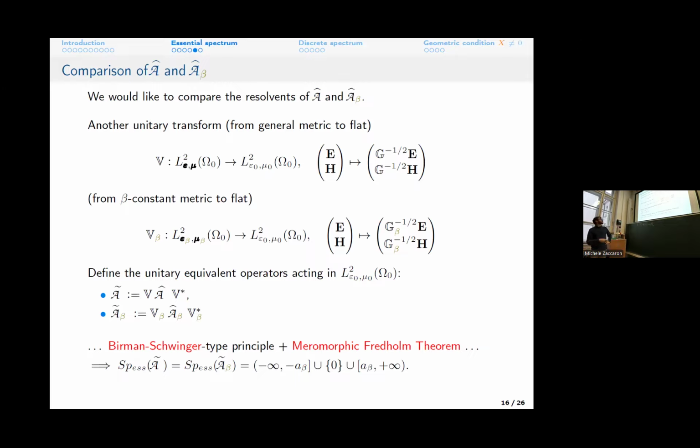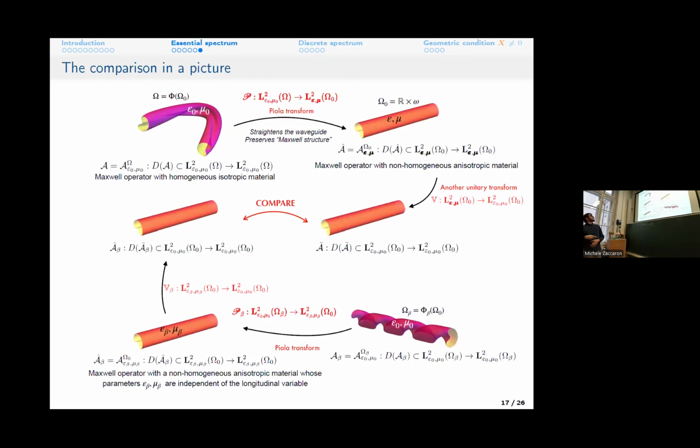I don't have time. So the idea is that we do some Birman-Schwinger type of principle, along with the use of the analytic Fredholm theorem, actually we need a bit more, the meromorphic Fredholm theorem. We can prove this type of result, so that the essential spectrum is preserved. Okay, and so this is the comparison in a picture.